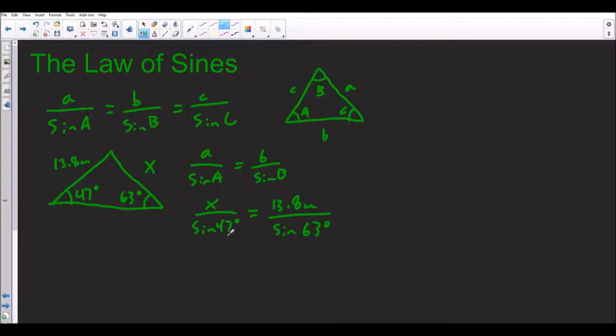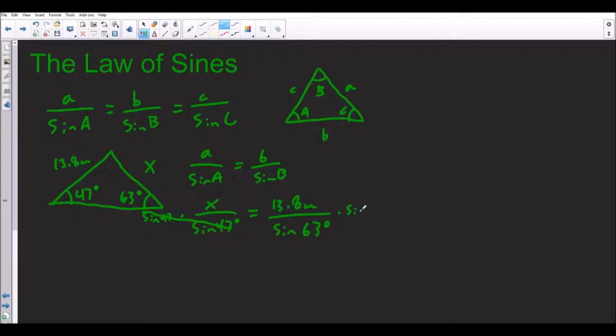Let's multiply across to get rid of this on the bottom. We're going to multiply by sine of 47, so that cancels those out.